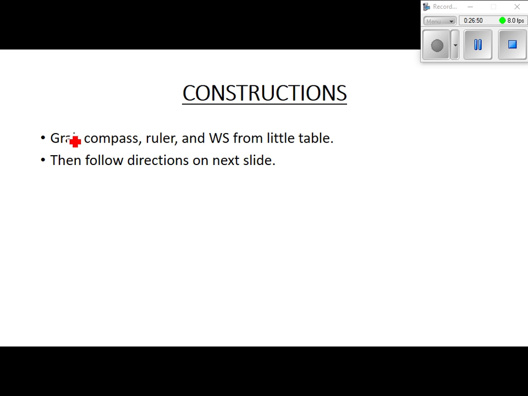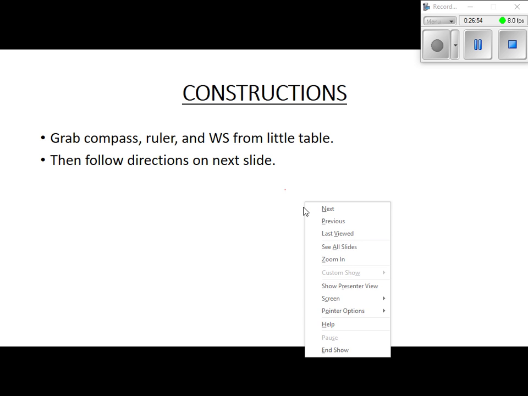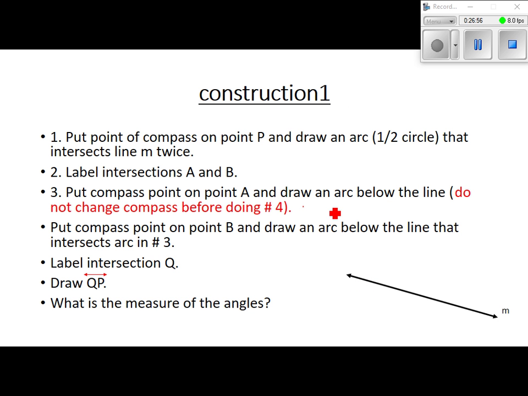So what you're going to do, you're going to follow these steps. Try before you ask. A half circle. It explains it, so just do what it says. Half circles, half of a circle.